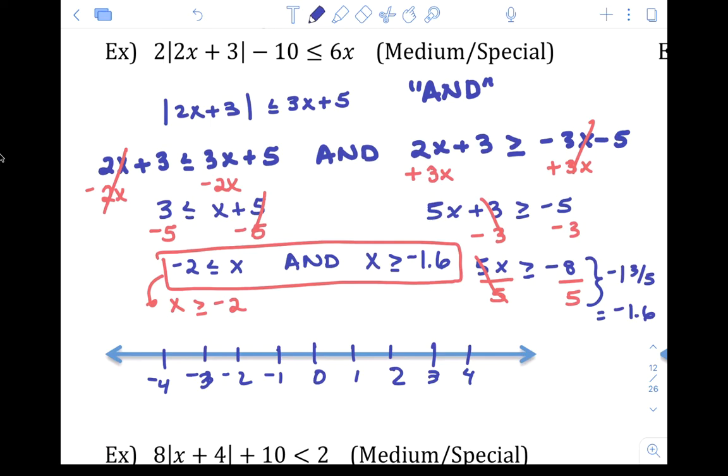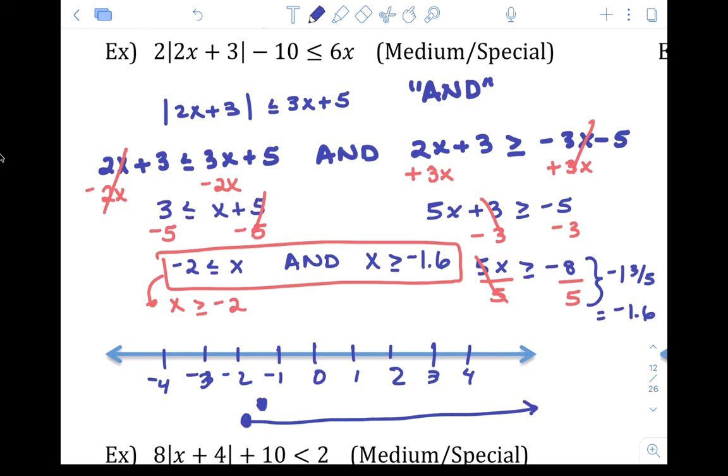If I have every x greater than or equal to negative 2, that would be a closed circle at negative 2, shaded to the right, every value forever greater than or equal to negative 2. I also have this negative 1.6 that also gets a closed circle because of the or equal to, so somewhere around there.